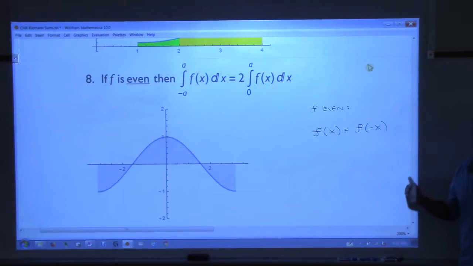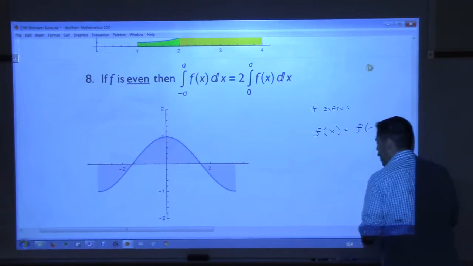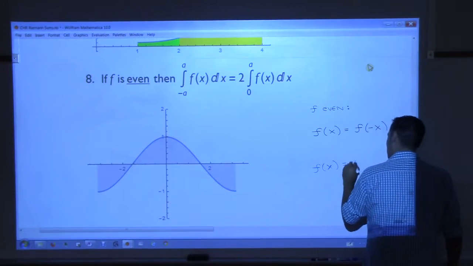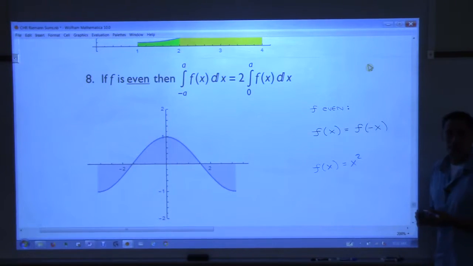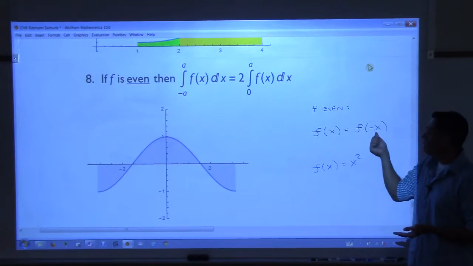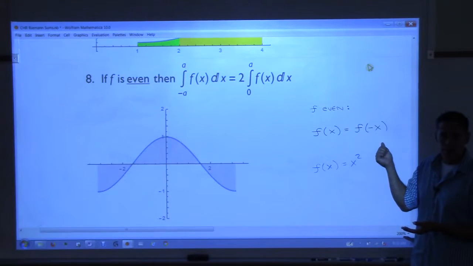I'll give you a specific example of an even function. So as a specific example of an even function, the function x squared, there you go. That's an example of an even function. Because what happens is that when you plug in 1, you get the same answer as when you plug in negative 1. When you plug in 2, you get the same answer as when you plug in negative 2.